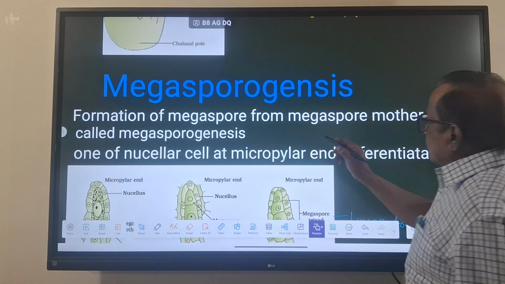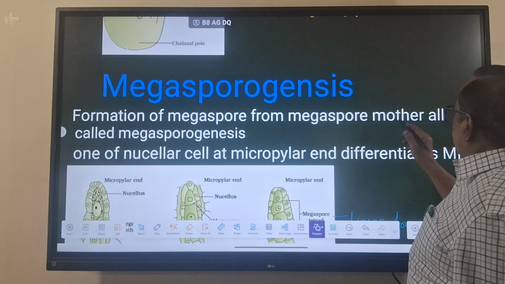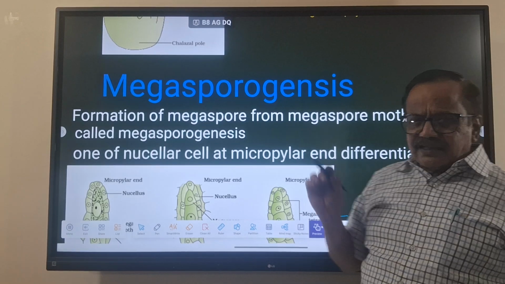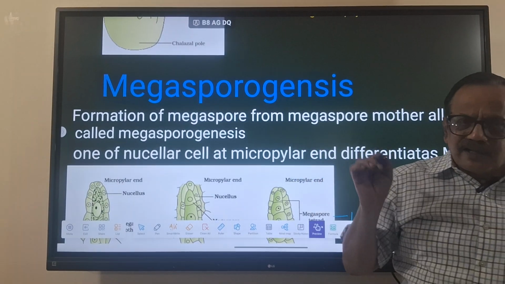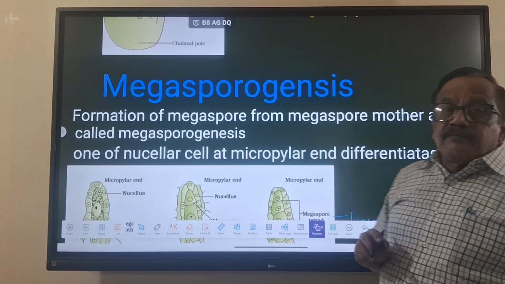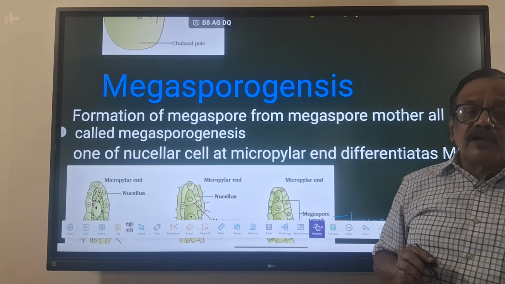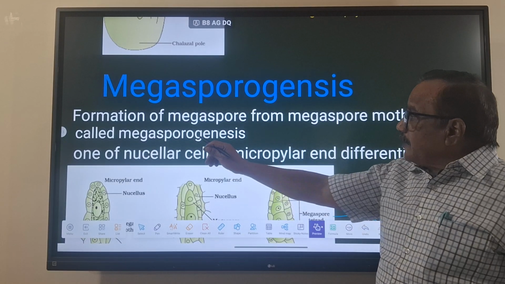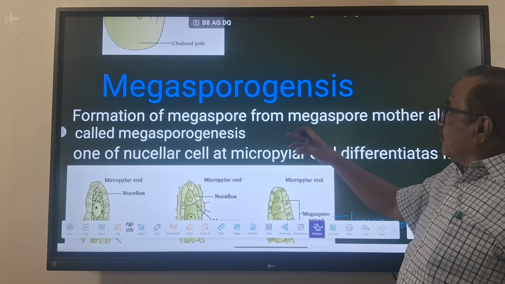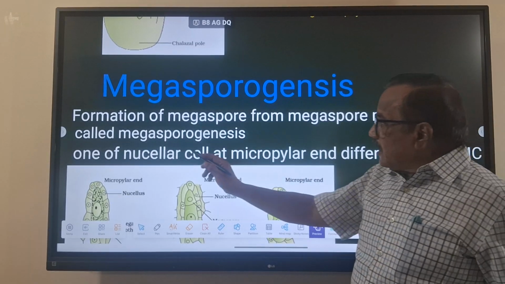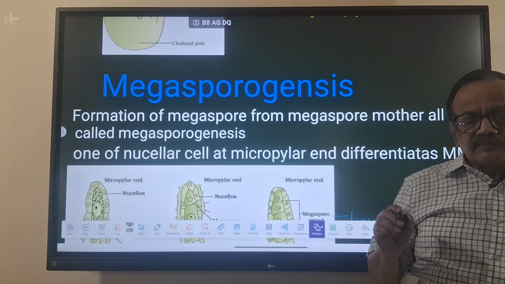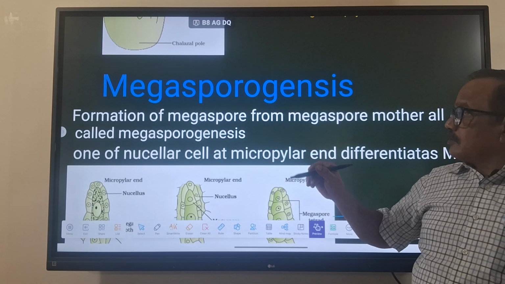It is the formation of megaspores from the megaspore mother cell, MMC. The megaspore mother cell gives rise to megaspores.